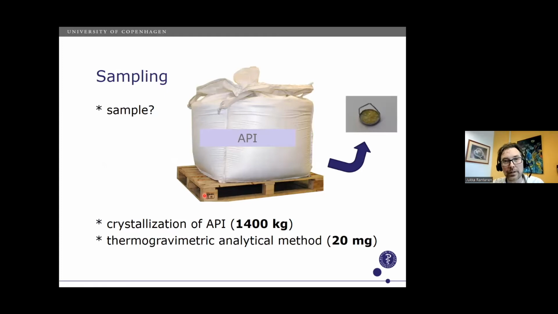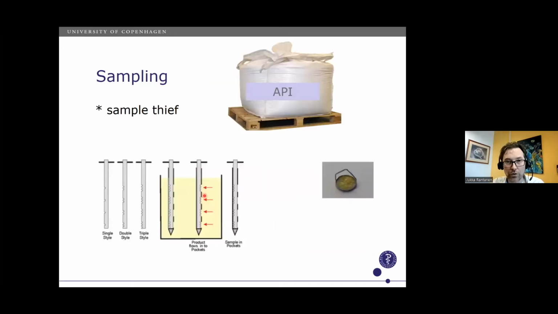Many times these materials are handled in a bigger amount. So you might have this type of big pack of material, and then you need to select the sample. And this is a bit challenging if you use offline analytical tools, for example this classical sample thief approach.